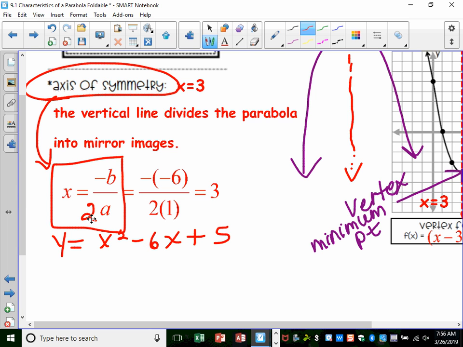Divided by, bring down the 2 that's in the formula, and then the a term, the invisible coefficient, is 1. A negative divided by a negative is a positive. So 6 divided by 2, that is how they got x equals 3. That's where that came from. That is called your axis of symmetry.